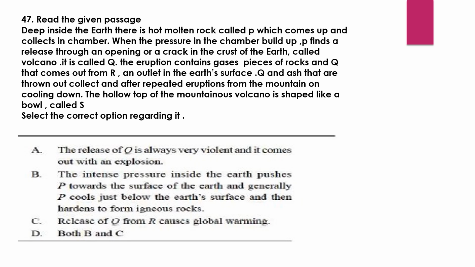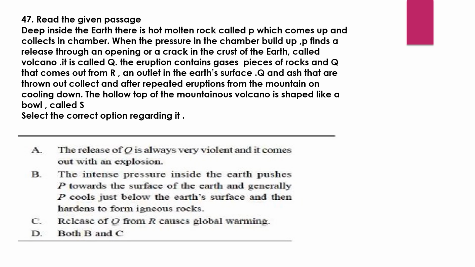A. The release of Q is always very violent and it comes out with an explosion. B. The intense pressure inside the earth pushes P toward the surface of the earth and generally P cools just below the earth's surface and then hardens to form igneous rock.